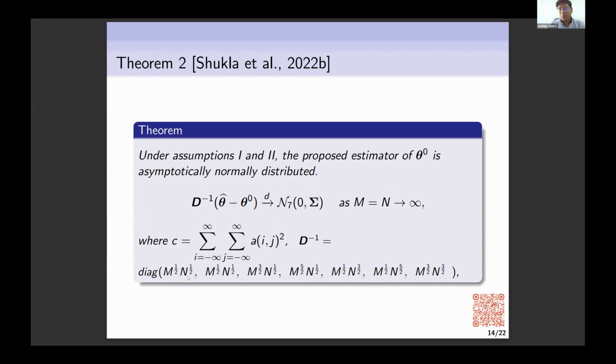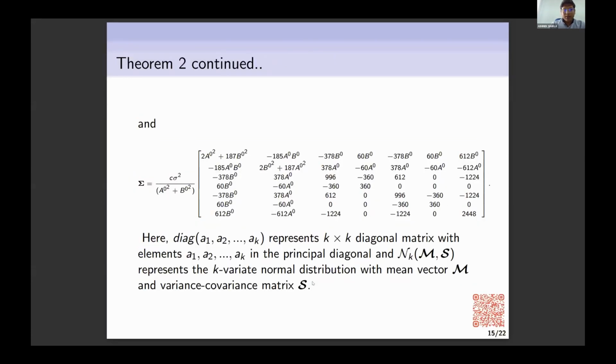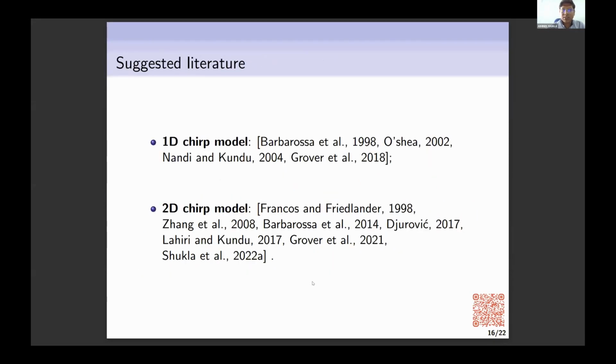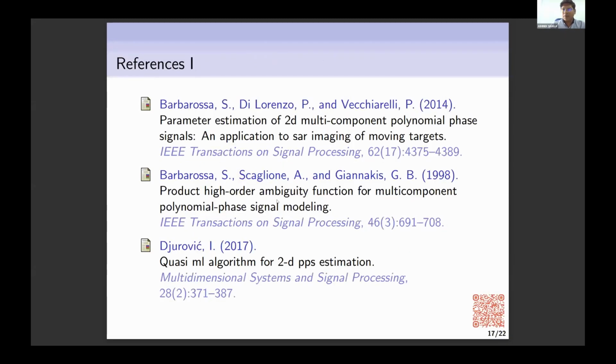Usually the rate of convergence would be root MN, but for the nonlinear parameters, it is something higher. And this is the asymptotic variance covariance matrix, and this is the suggested literature if somebody wants to read more, and these are the references.